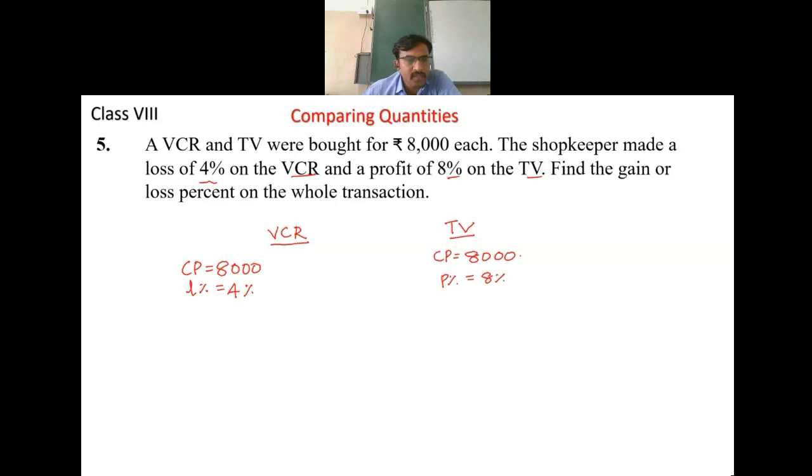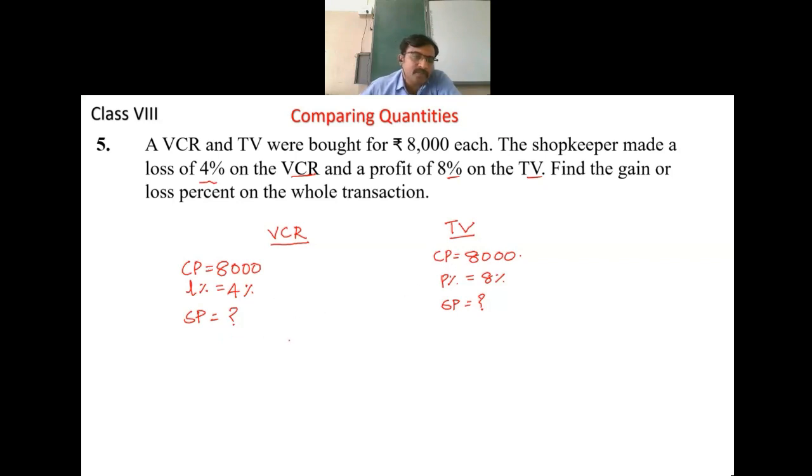Now, if you use the direct formula to find selling price in both the cases, we will be getting selling price of VCR and we can add it to selling price of TV. So we get the whole transaction selling price, and whole transaction cost price is known to us.